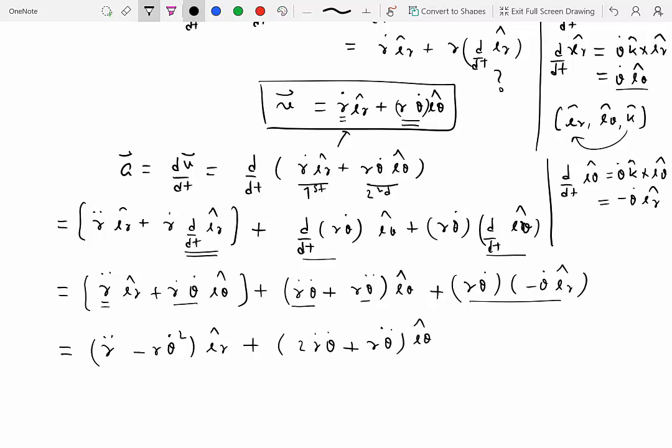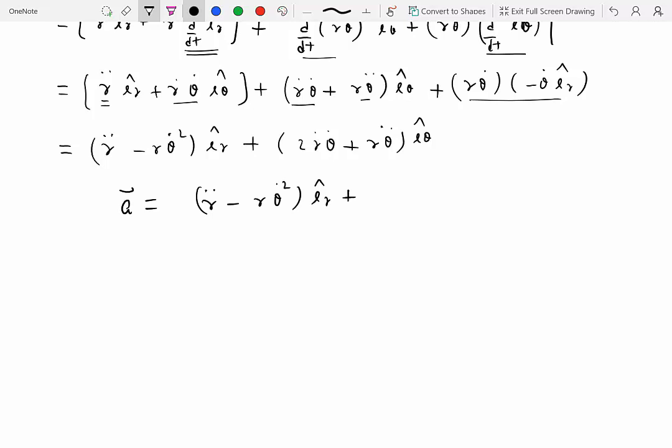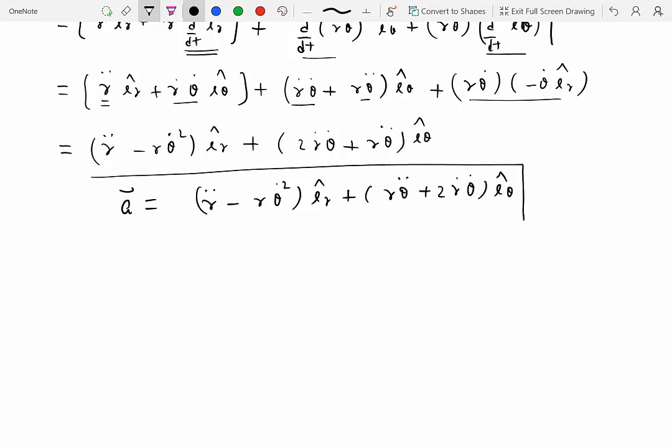That came from here, right? So that is the expression for acceleration. Let me write this again. Acceleration is equal to r double dot minus r theta dot square, er hat, plus r theta double dot plus 2r dot theta dot, e theta hat. And that's the expression for acceleration in the r theta coordinate system.